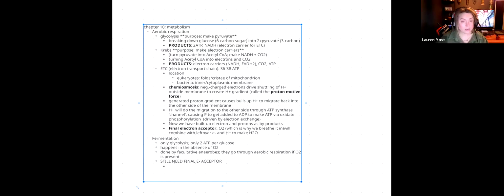Okay, so in the light dependent cycles, we have photons excite pigments. And then this is what drives the creation of that proton gradient. So we get a little bit of ATP here.